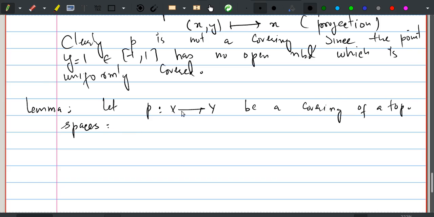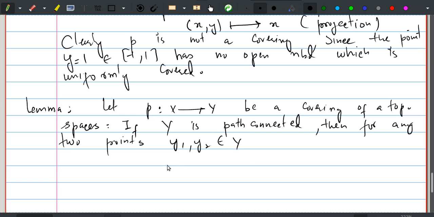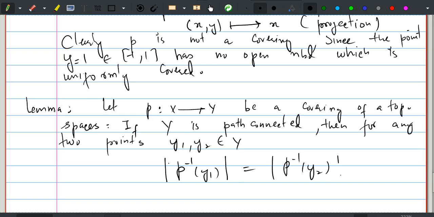If Y is a path connected space, then for any two points, say y1 and y2 in Y, the size of this set P inverse y1, this has at least one pre-image because P is surjective, and the size of this set P inverse y2, this is the same.